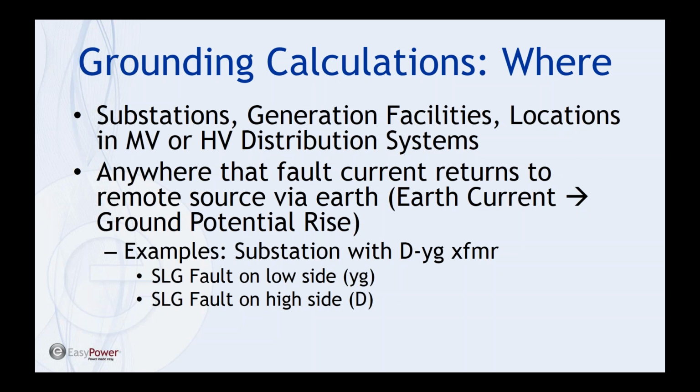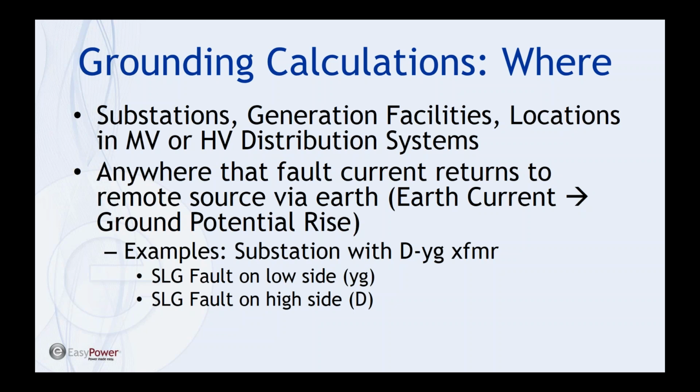The situation we do worry about is when you have something like a single line to ground fault on the high side of that same substation. The winding can be delta or Y grounded on the high side, but the main point is that the fault source for a fault on the high side of this substation would be something fed by maybe another generation source farther away or some substation far away.